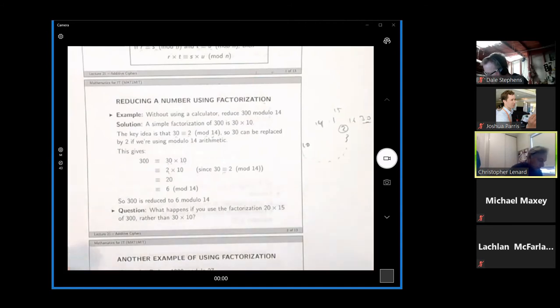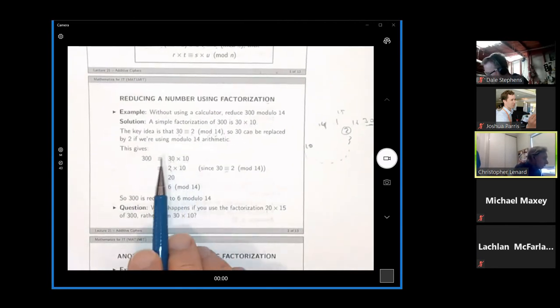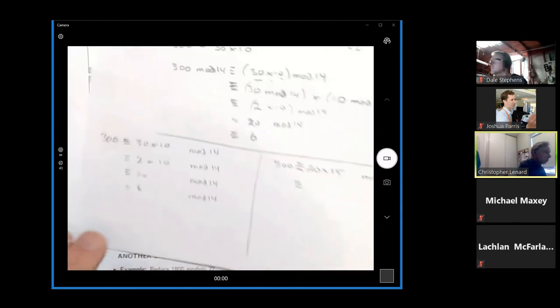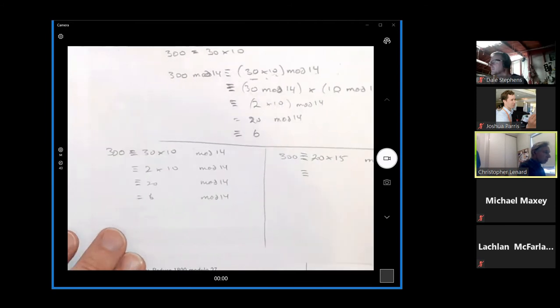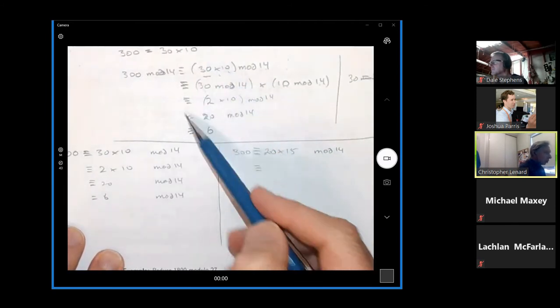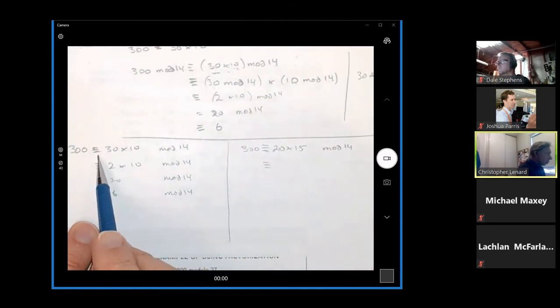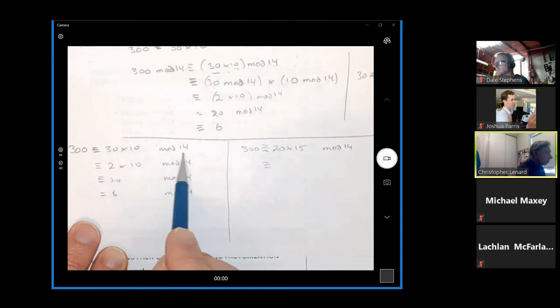Okay, let's continue. Just going back to the 30 times 10 one. Look, this is a slightly better way of writing it out. So I sort of garbled my way through here. Here's a better way of writing it out. 300 is congruent to 30 times 10, simply because 300 is 30 times 10 in the mod 14 system.